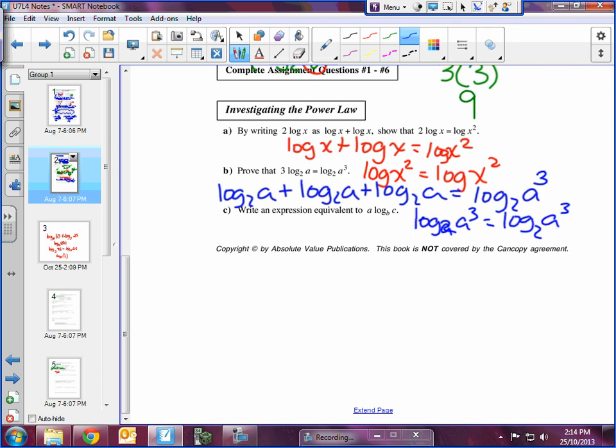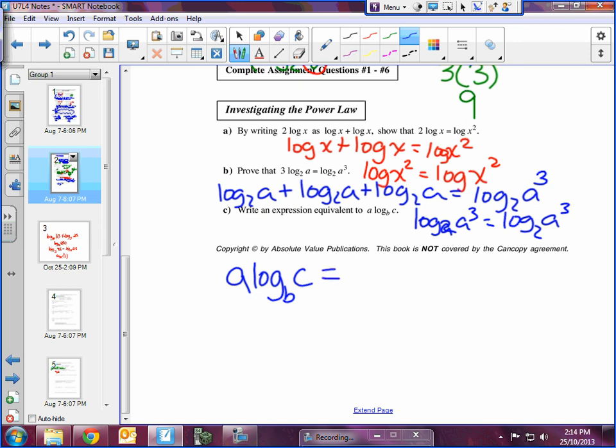Does everyone agree? Okay, so if I have a times log of c base b, there's a common correlation.